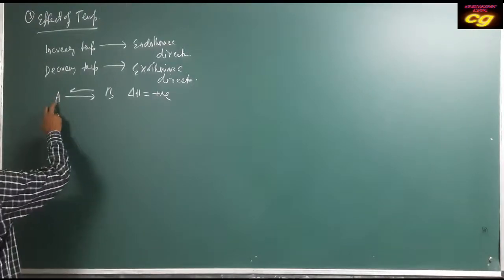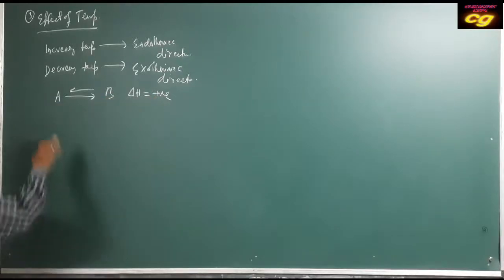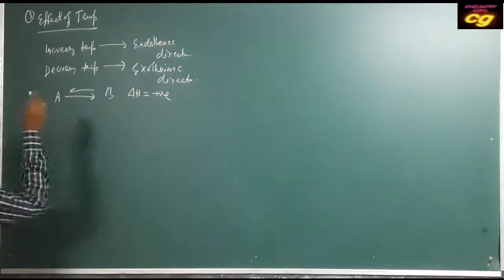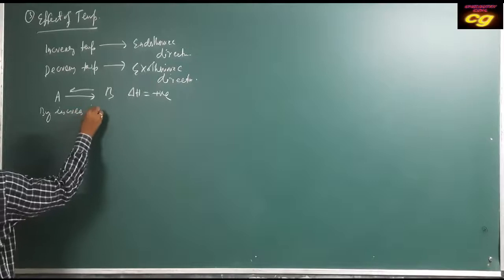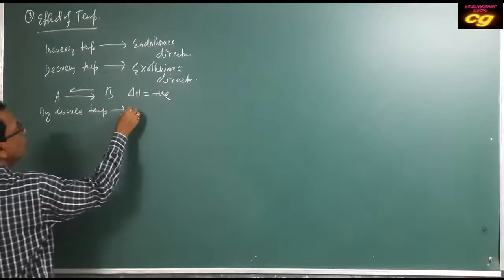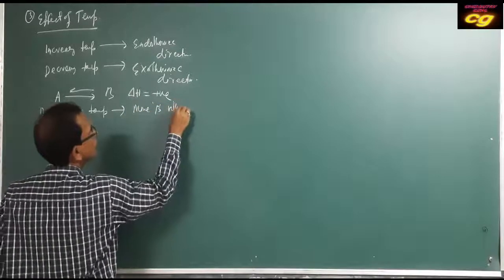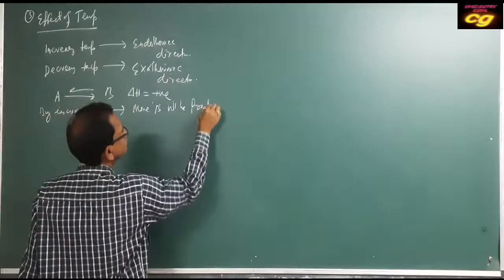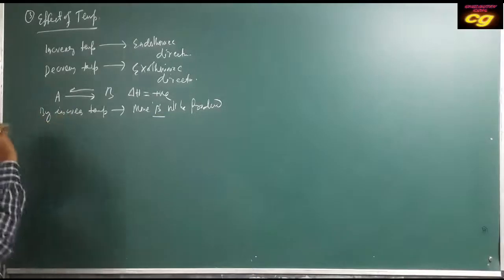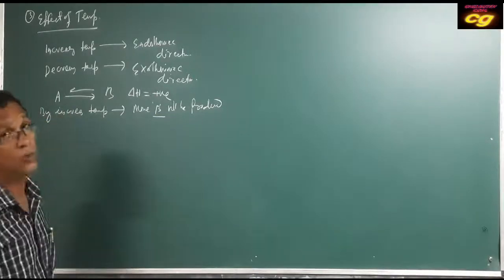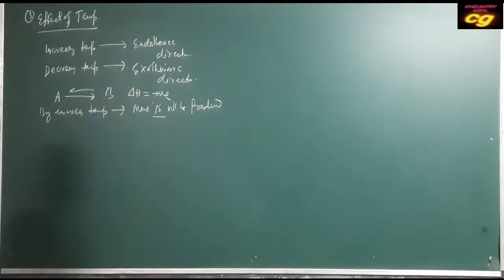So in this case, by increasing temperature, more B will be produced. Why? Because increasing temperature always favors the endothermic direction. As A changing to B is endothermic, more B will be formed.